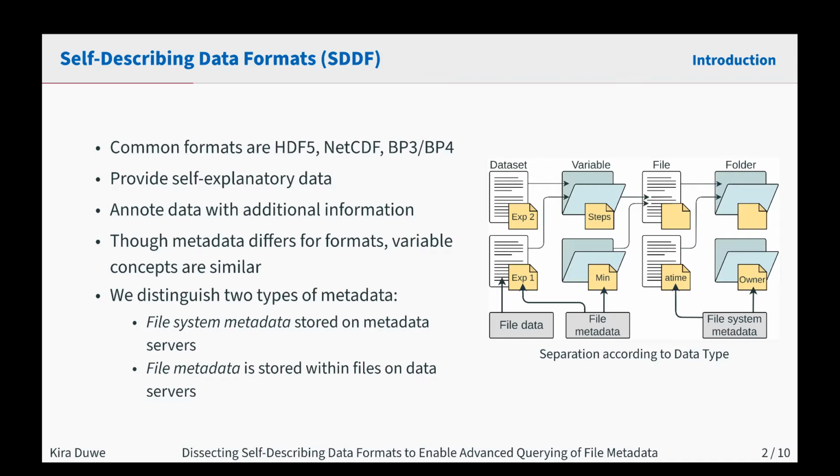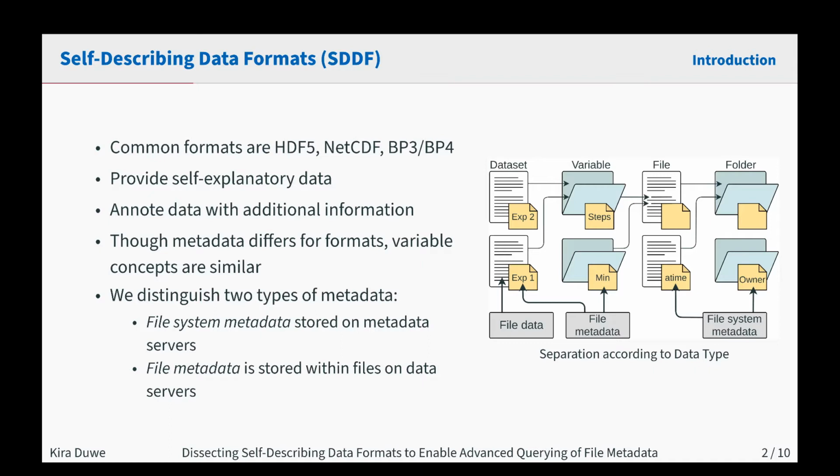All of these formats support the notion of variables and attributes. While NetCDF focuses on hierarchical structuring, ADIOS2 aims for a very flat namespace. Though differing in the exact metadata associated with a variable, the variable concepts can be mapped onto or transformed into one another. And we think there is a problem in how this type of metadata is treated.